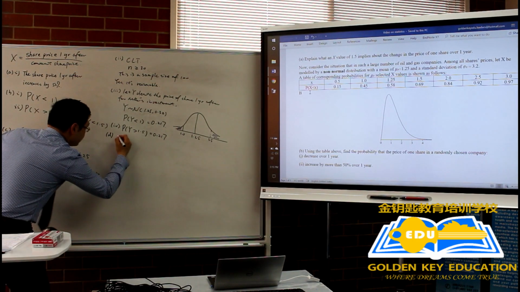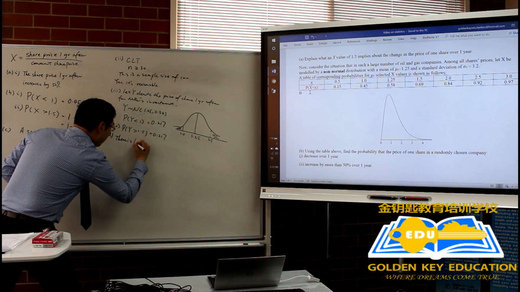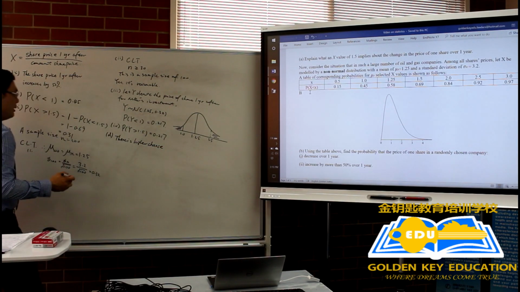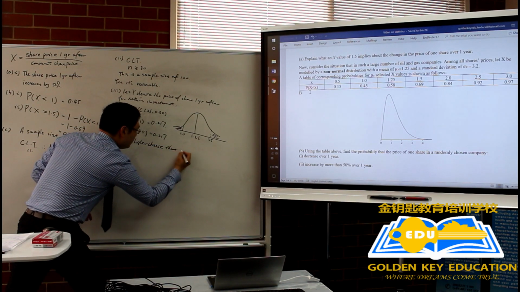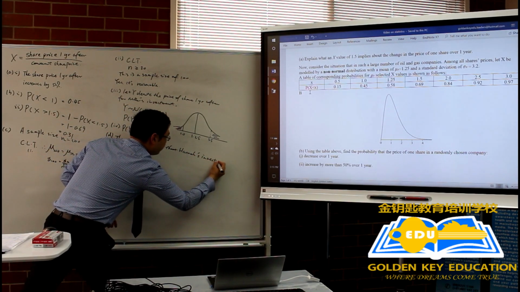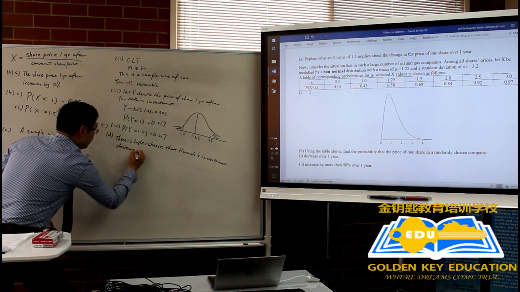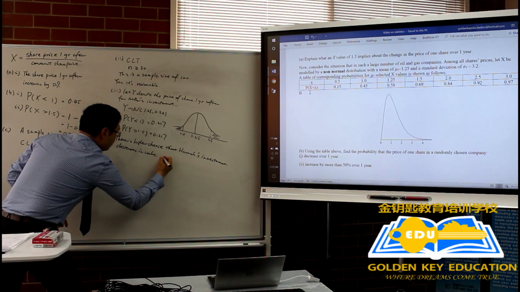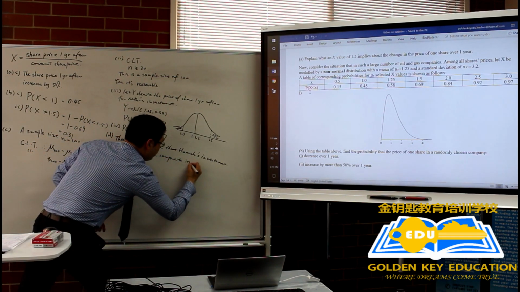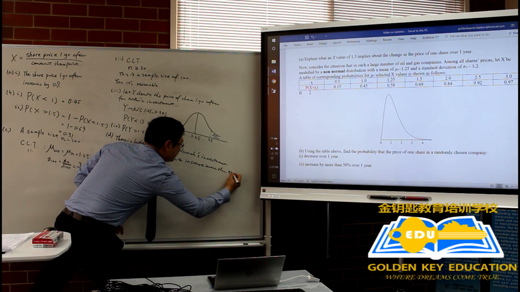So you can conclude like this: there is a higher probability that Hannah's investment decreases in value after 1 year compared to increasing by more than 50%.